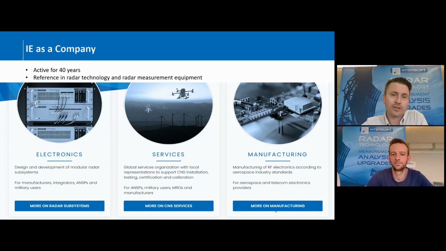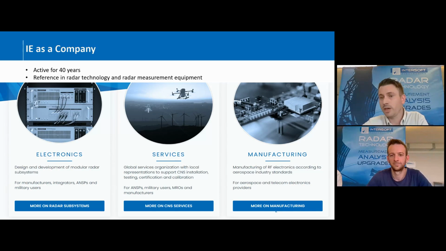Currently, our group is structured around three pillars. First one, electronics, where we do all the design and development of modular radar subsystems, which we deliver to radar manufacturers and system integrators, both in the civil and military market. Our second pillar is services, where we dig into that 40 years of experience and share our knowledge on how we do measurements, how we do maintenance, how we can do fault finding on all kinds of CNS subsystems and complete systems.